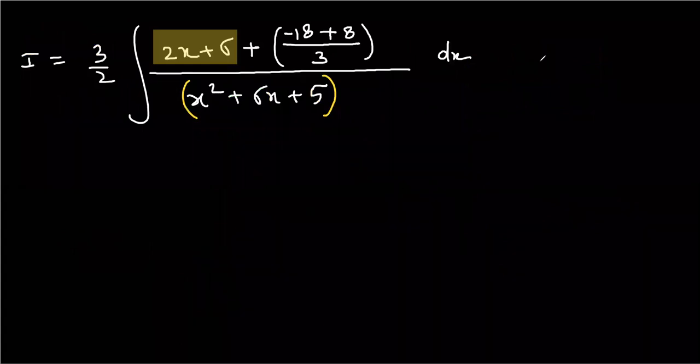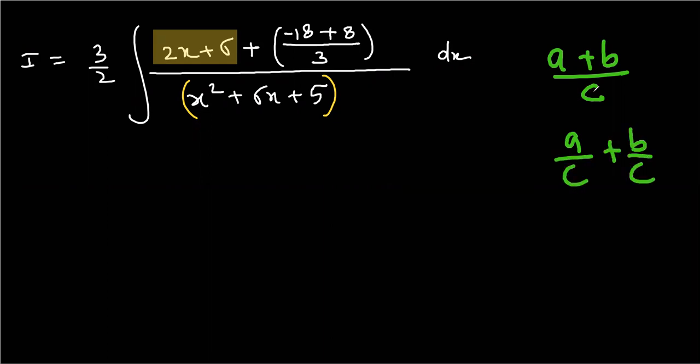If you remember, a plus b upon c can be written as a upon c plus b upon c. This is known as separately dividing each term by the denominator. So the same thing I'm going to do here. I shall write 2x plus 6 upon the denominator and this thing upon the denominator.